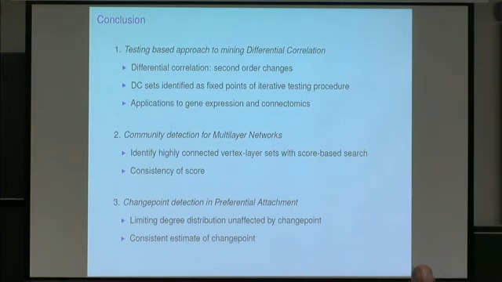Okay, so just a summary of what I talked about. A testing-based approach to differential correlation. I hope that was interesting, if not theoretical. The takeaway message is that, and I don't think I have to tell anyone in the room, looking at second-order differences of some sort provides different information, sometimes more information than you can find by looking at first-order effects, and apparently it's in some cases at least of scientific interest.